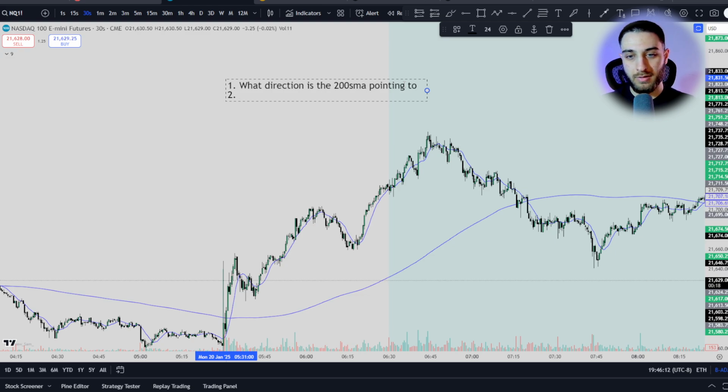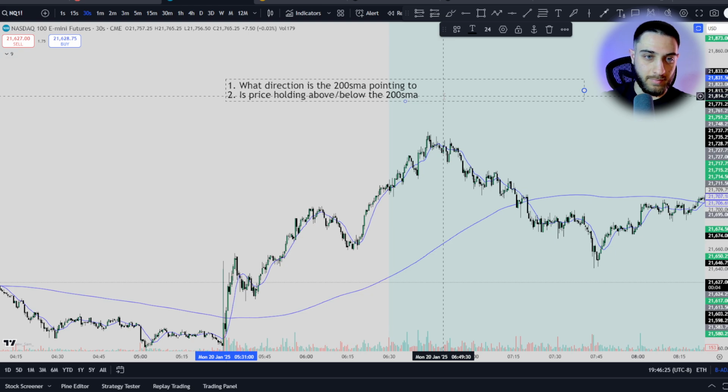Number two, the next thing we're going to look for is price holding above or below the 200 SMA. I'll just adjust this.